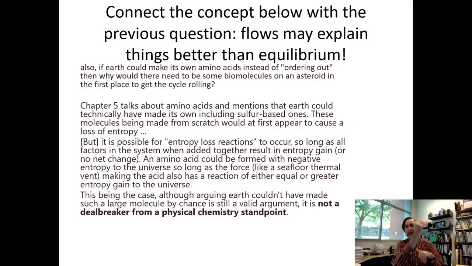The flow, which is an entropy-rich sort of configuration, if it produces a chemical reaction and then carries the amino acids away to where they can be stable away from the heat, well, that right there is the entropy of the flow helping you pay the price for the entropy of bringing those atoms together in the amino acid. And like it says down here, it's not a deal breaker from a physical chemistry standpoint.